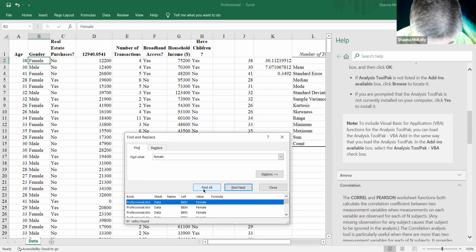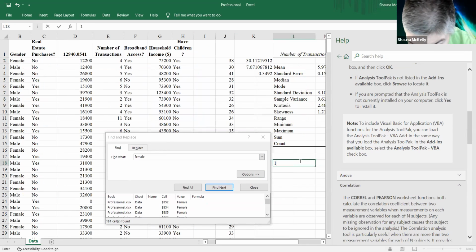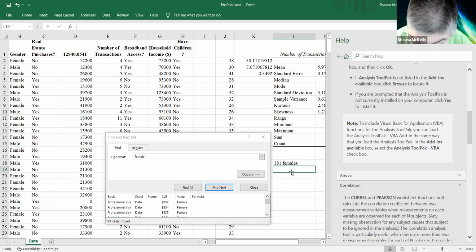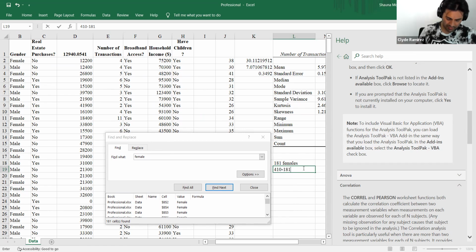So there's 181 females, and that means there's 410 minus 181 males, which is 229. 410 minus 181, is that what I said?